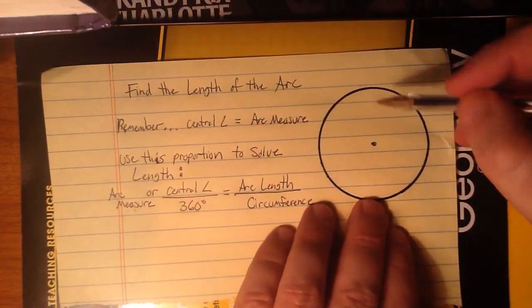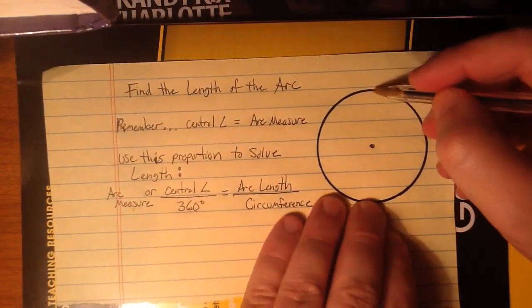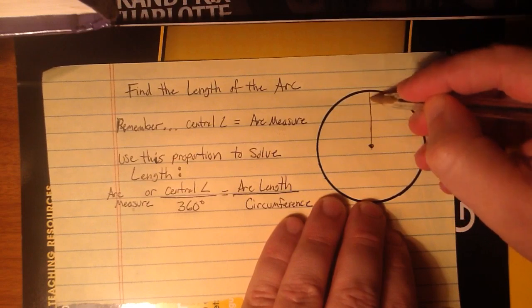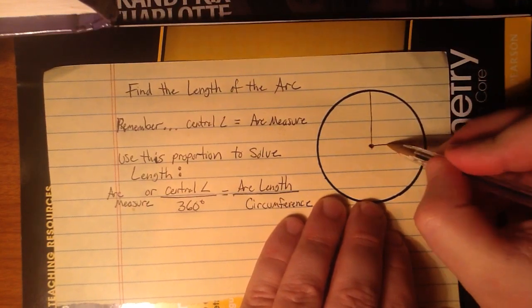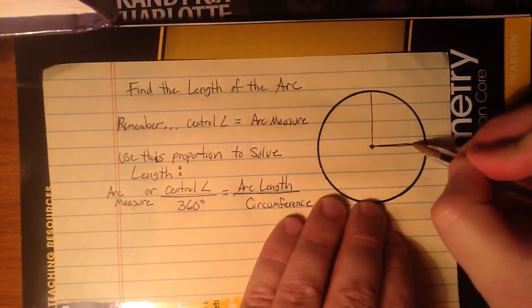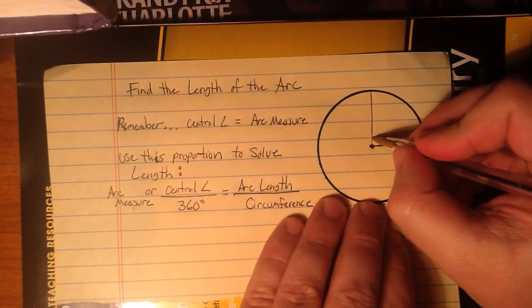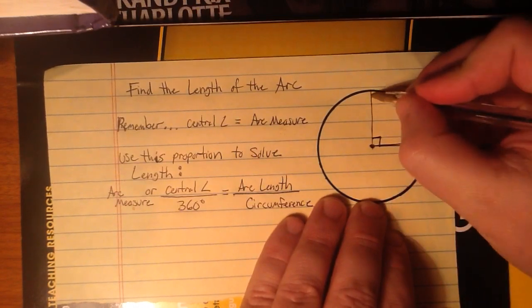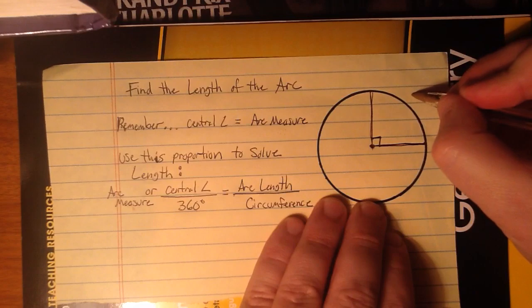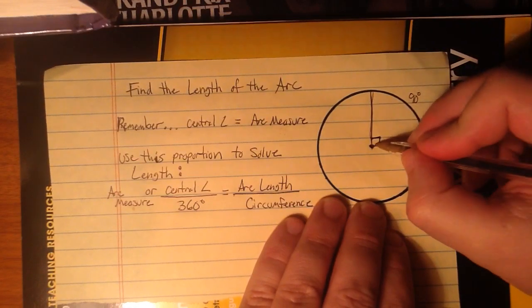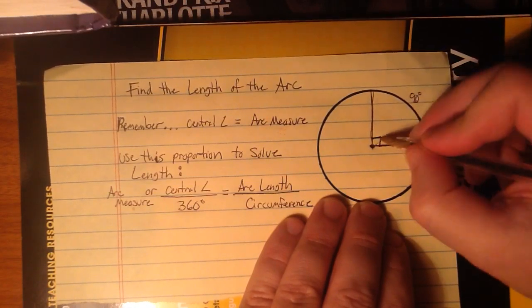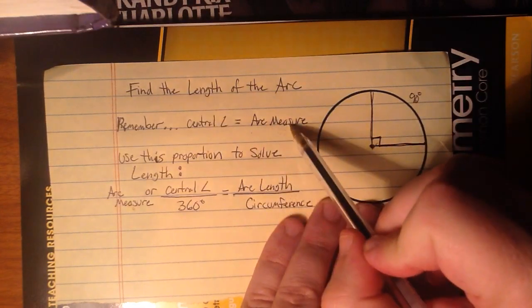Let's start off with an easy one. Let's say I have a central angle here, and again, I like the right angles. They're easy to see, they're easy to comprehend. So let's say I have a central angle that's 90 degrees. Of course that's the same as the arc measurement. Central angle, arc measurement, one and the same. Remember, they're the same thing.